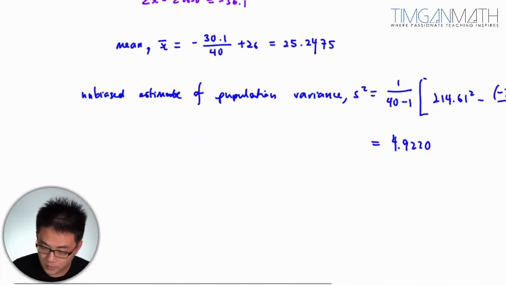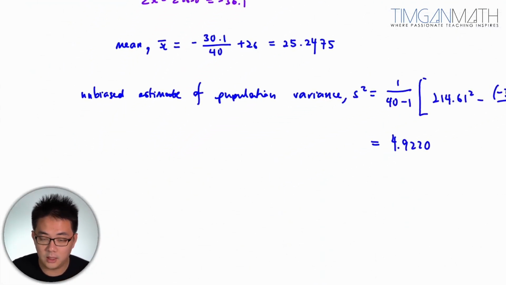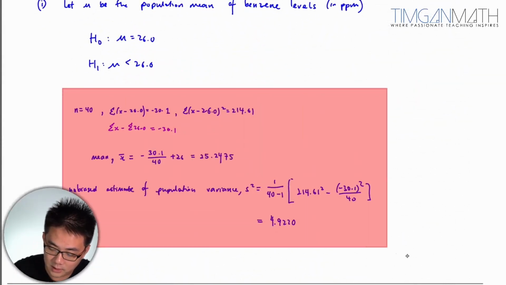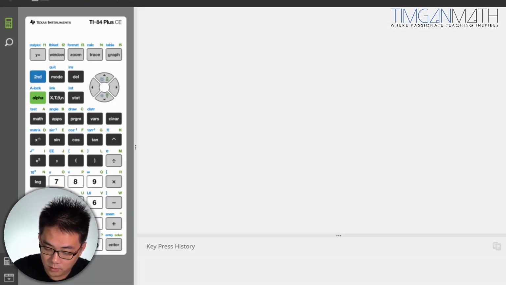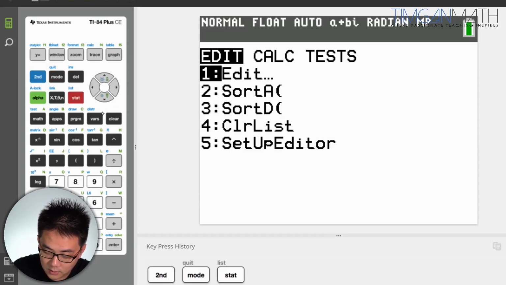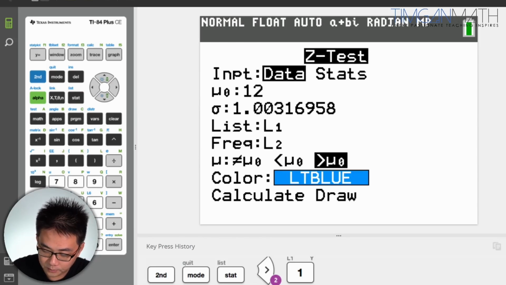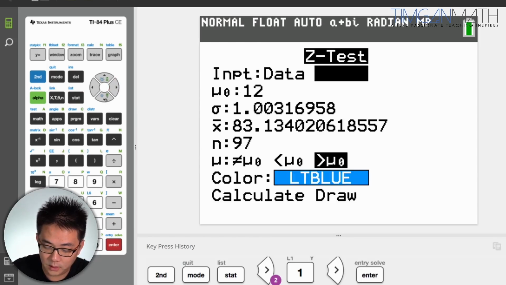The p-value from the calculator we could just calculate. Key everything in and we should be able to get the answer. So bring out our calculator, go to stats and calculate, Z-Test.